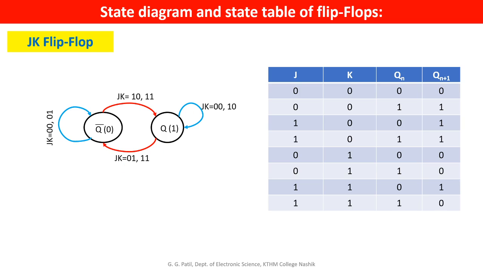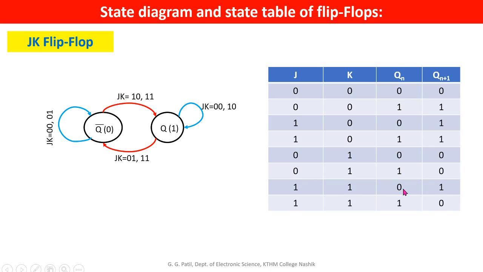Here is the JK flip-flop. The truth tables of the SR flip-flop and the JK flip-flop are almost identical except for the last condition, 1 1. All the remaining entries are the same. For JK input 1 1, if the present state output is 0, the next state output is 1.